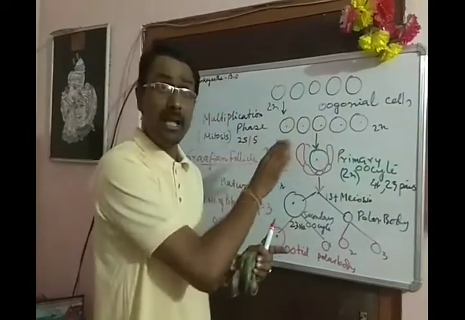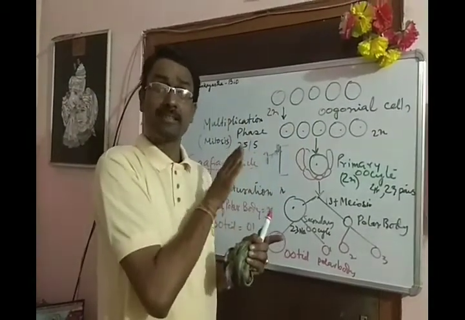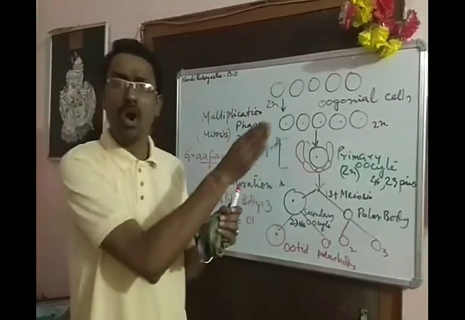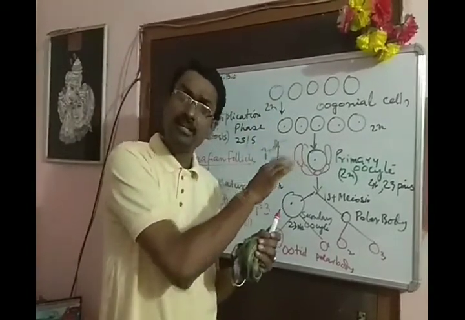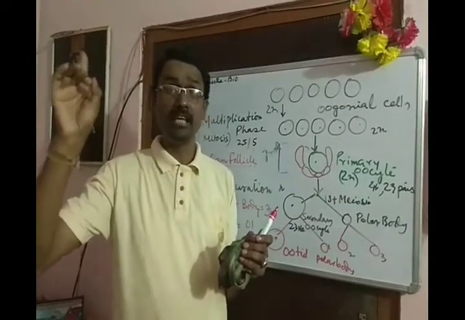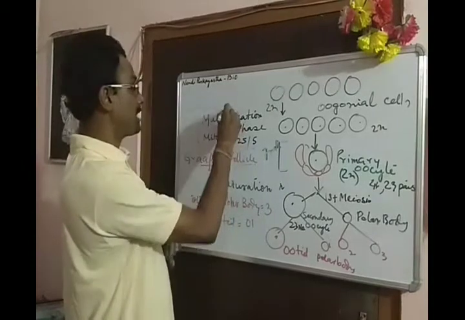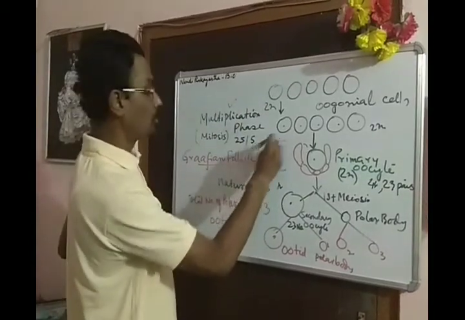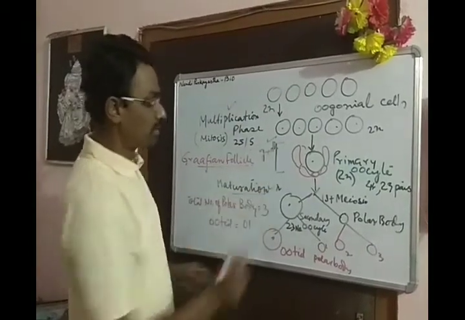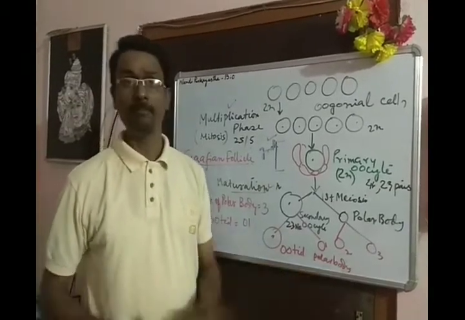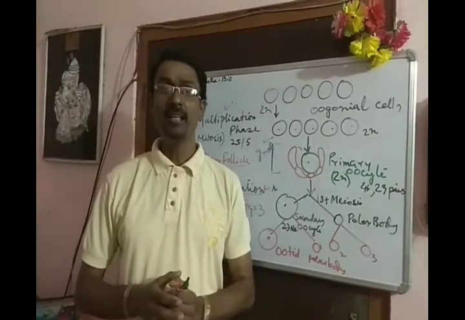Then it is completed within 25 weeks. Then there is the occurrence of the growth phase, which is very long. From there it starts and continues up to puberty. In the last, you are finding this is the multiplication phase, this is the growth phase. In the maturation phase, what you are finding? You are finding the occurrence of the ootid and 3 polar bodies. That's all for oogenesis.